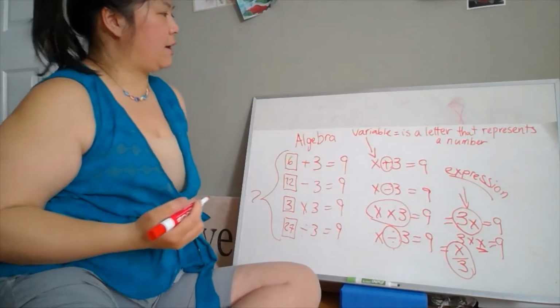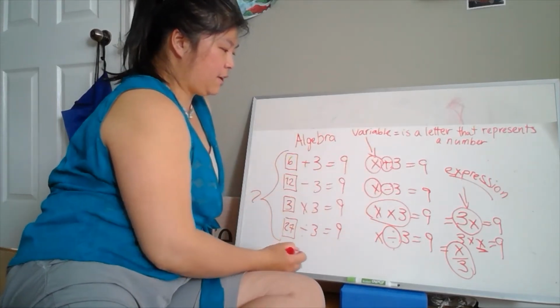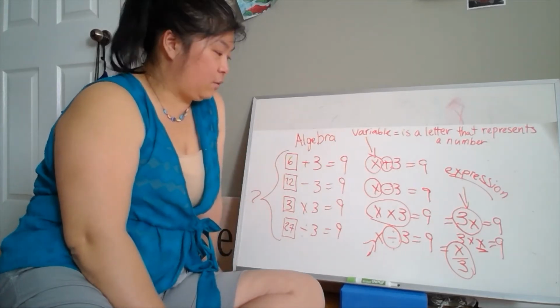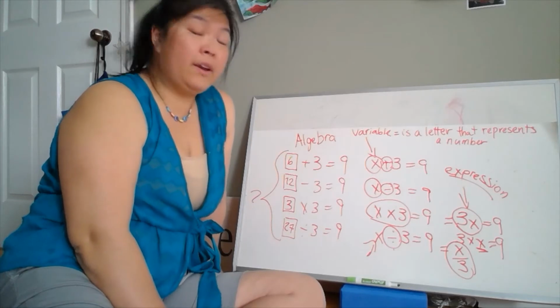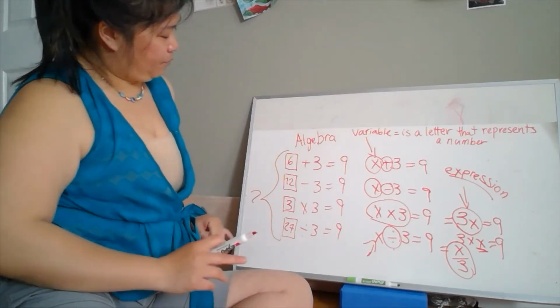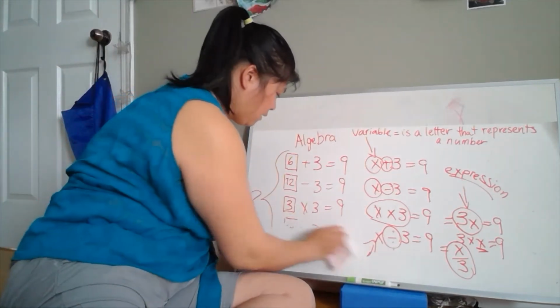That's one vocabulary word: variables. Variables are represented by any letter. Usually we use X, Y, Z as a variable, or it could be A, B, C. So those are variables there.